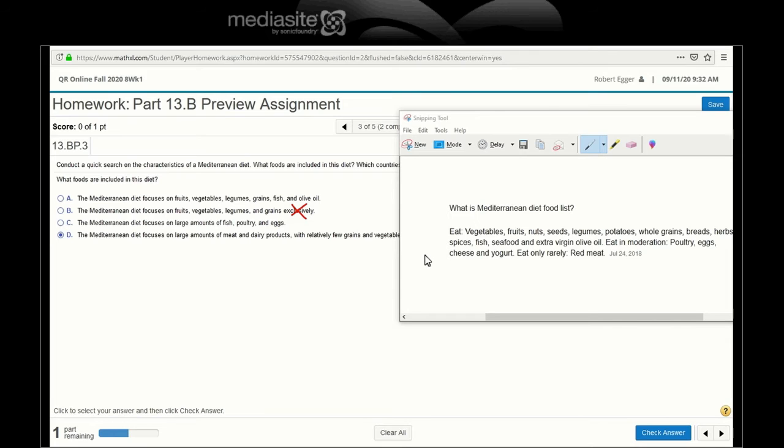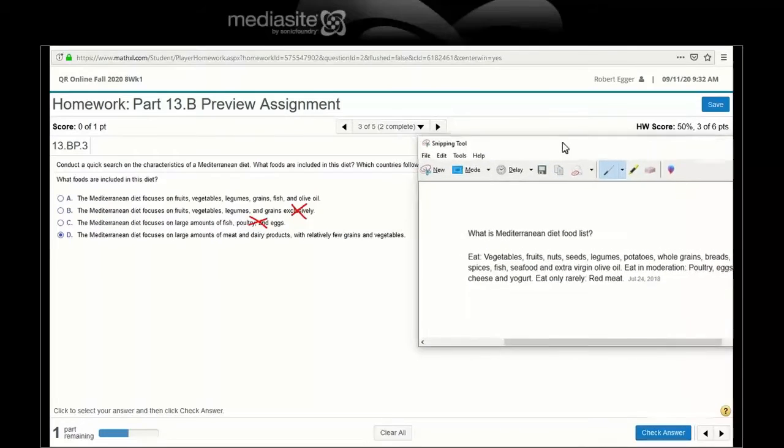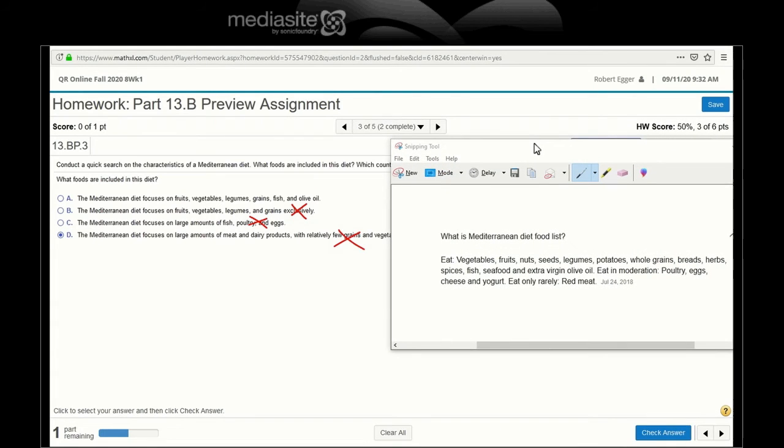When they say fish, poultry, and eggs in moderation, that one is out. Focuses largely on amounts of meat and dairy products, with relatively few grains and vegetables. That moves this one out.